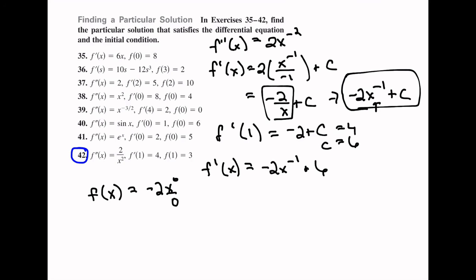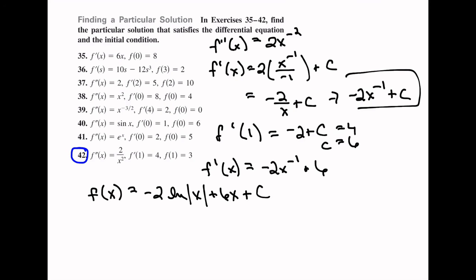And then maybe I would have realized that I should be using the other formula, the one that we use when the power is negative 1. So it's just the natural log of x, and then the antiderivative of 6 is 6x, and then we're going to reuse the c, so we have another c here.